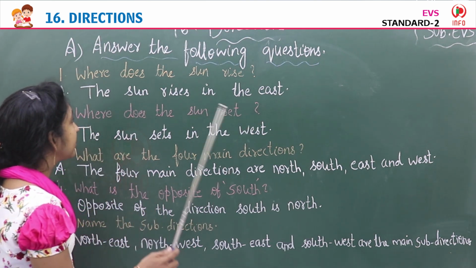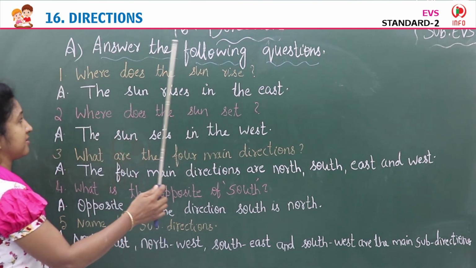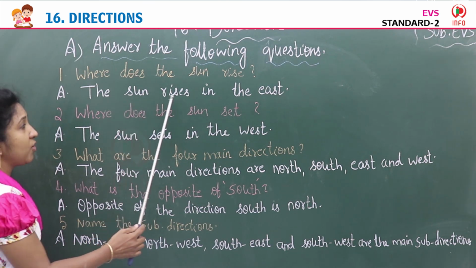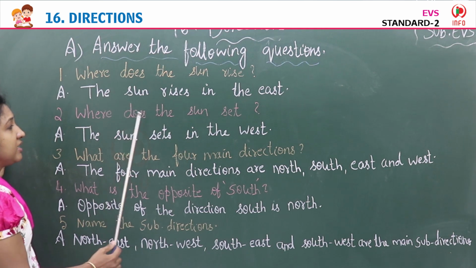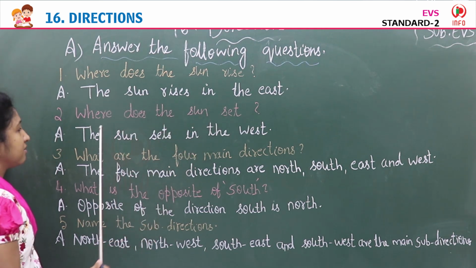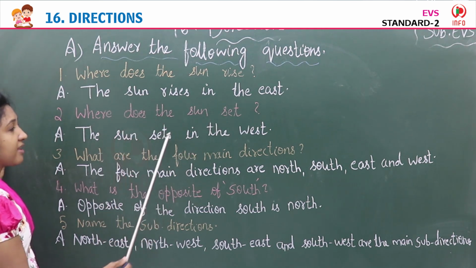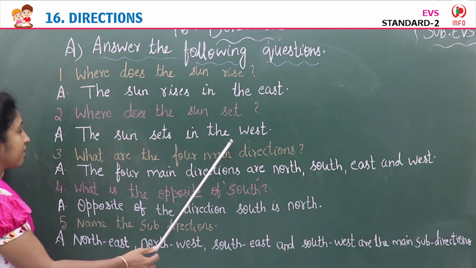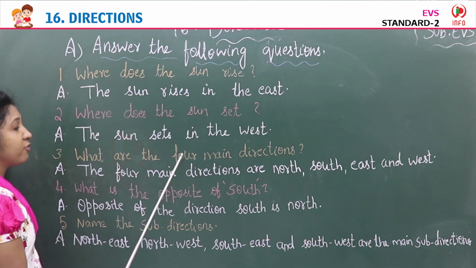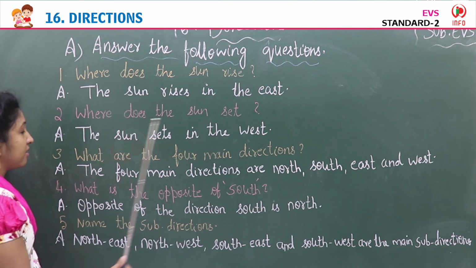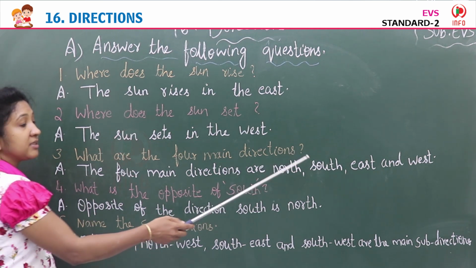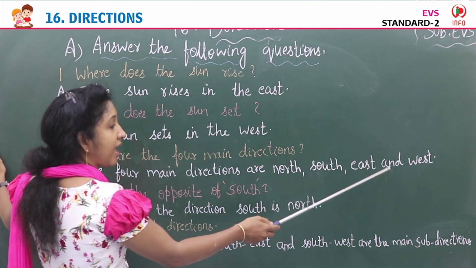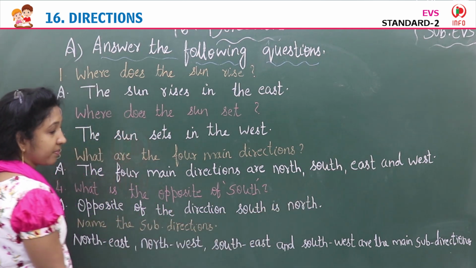So the first question, where does the sun rise? Answer, the sun rises in the east. Second, where does the sun set? Answer, the sun sets in the west. Third, what are the four main directions? The four main directions are north, south, east and west.